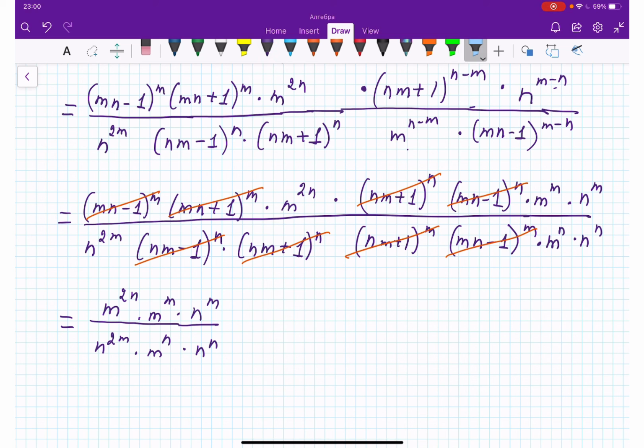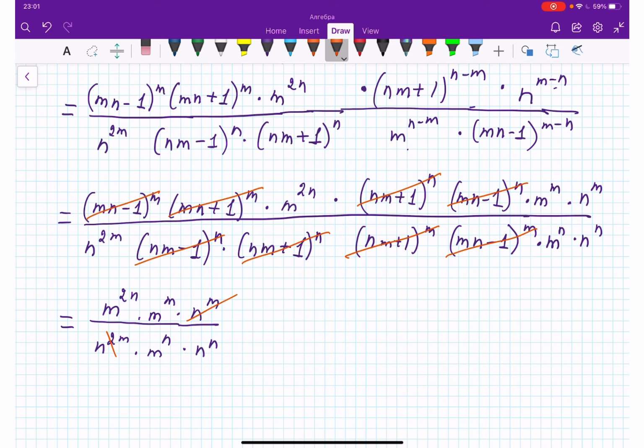So we have the same base, this one and this one, so I can combine, right? Can I? No, I don't. I changed my mind. Because, let me see, look, I have n^m, which will be gone. And here 2m, only the 2 will be gone.